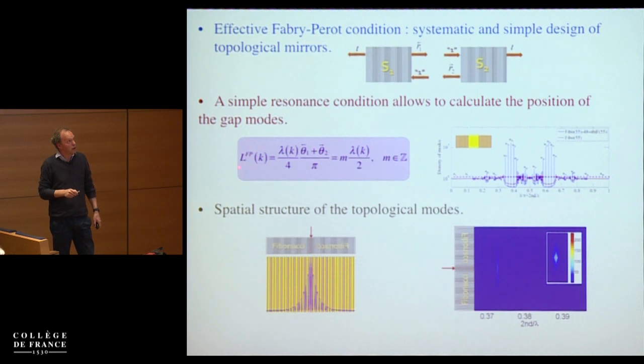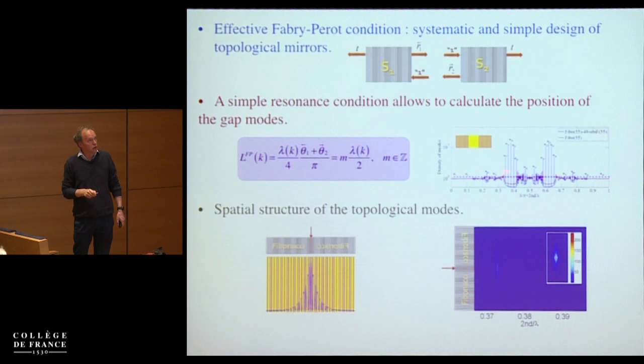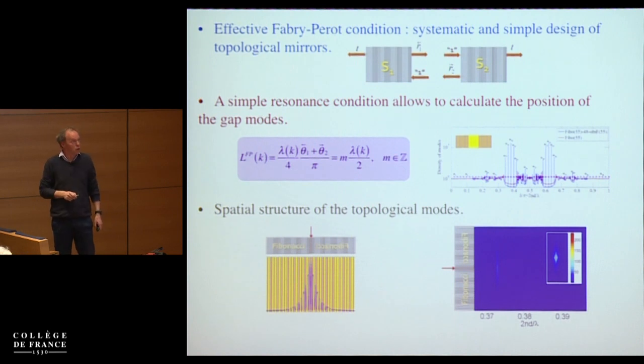And this Fabry-Perot length is related not to the chiral angle, but to the sum of the two. And once you have the Fabry-Perot condition, which means that this is equal to an integer times half the wavelength, then you get a mode in the gap. And you see, here is a calculation of this condition and the numerics that we had, and it fits absolutely perfectly. So this is a very simple way to get these gap modes, this Fabry-Perot condition.